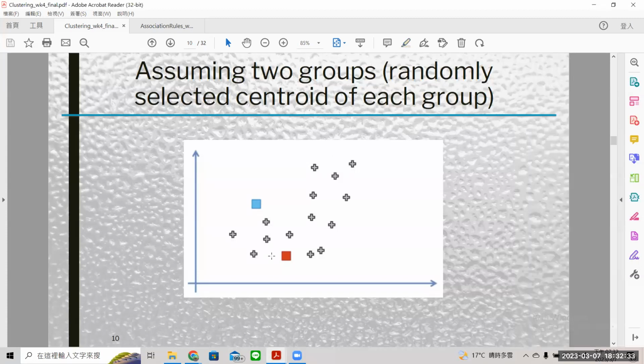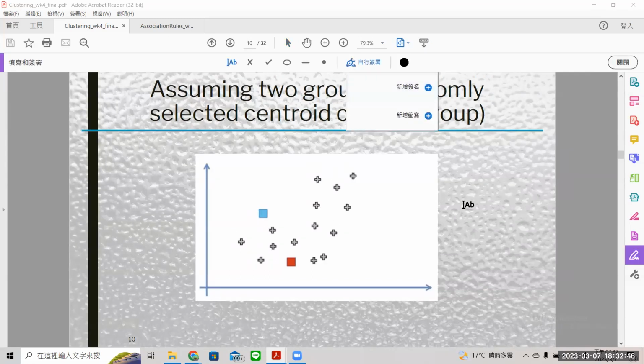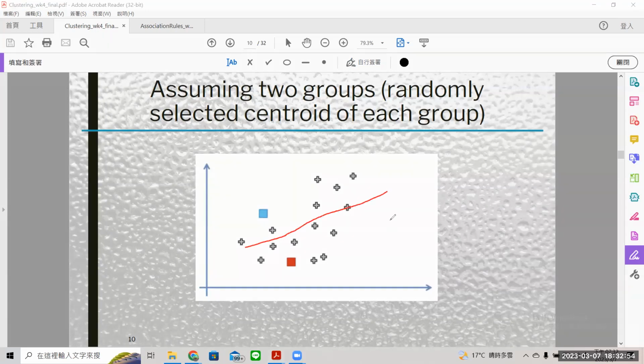For example, now I subjectively do it like this. Okay, better. This is your first step. You just subjectively assign the points into 2 groups, as you wish, as you expect.